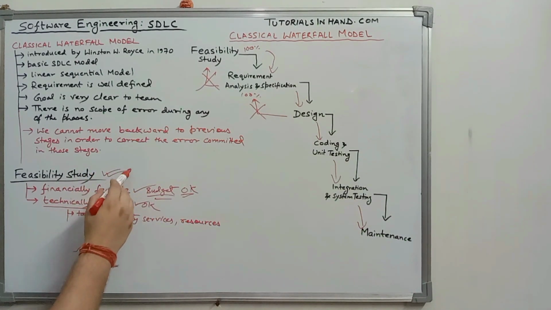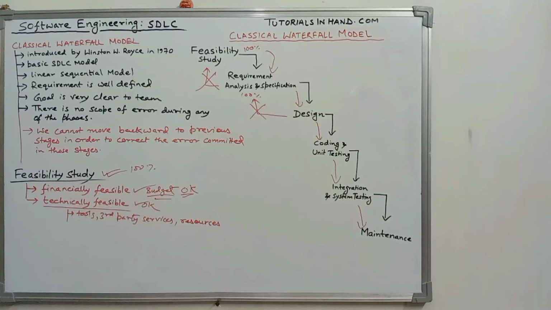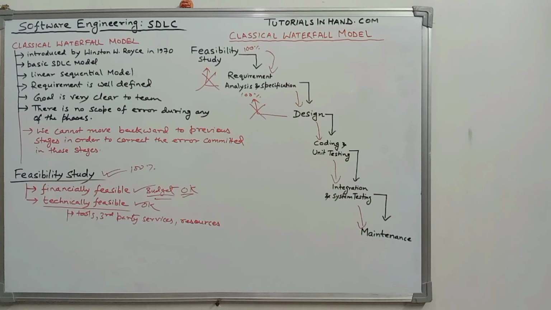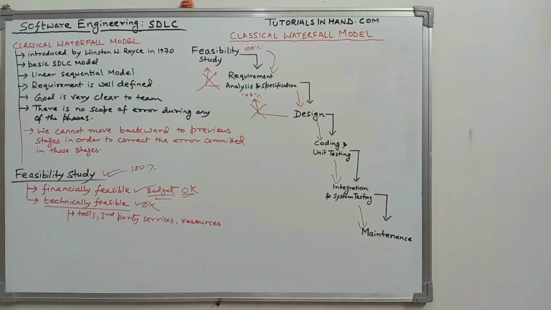During this phase, we also try to find out, at a very high level, what inputs would be required to the software, how the processing would be done, and what the output would be. A very rough picture on the high level, to make sure that we stand in a very sound position financially and technically to go ahead to the next stage.